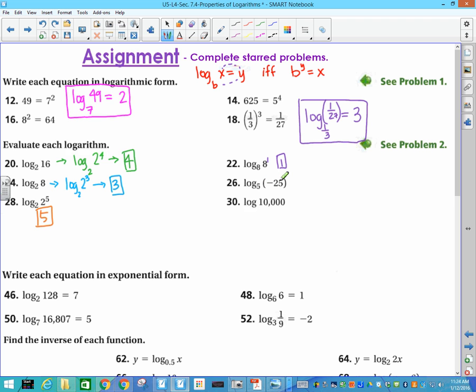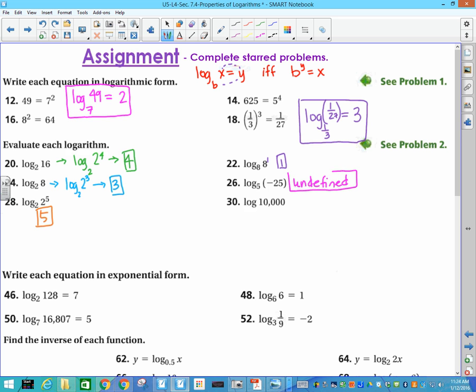Log base 5 of negative 25. Okay, that's a challenging one. Can I take the log of a negative number? Ooh, I cannot. So this one would be undefined. Okay? Cannot take the log of a negative number. They're kind of tricky. I probably won't do that to you.